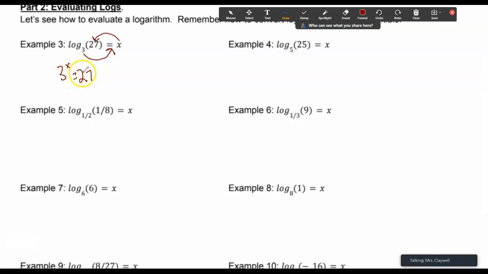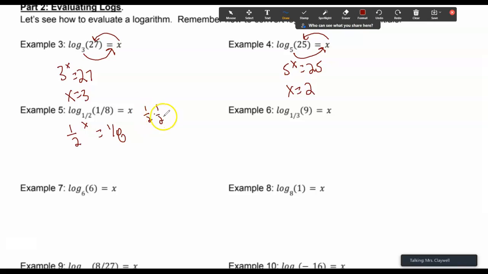So 3 to what power is 27? 3 times 3 times 3 is 27, so x equals 3. 5 to what power equals 25? One half to what power is 1/8? 1/2 times 1/2 times 1/2 is 1 over 8. So that means that x is the 3rd power.